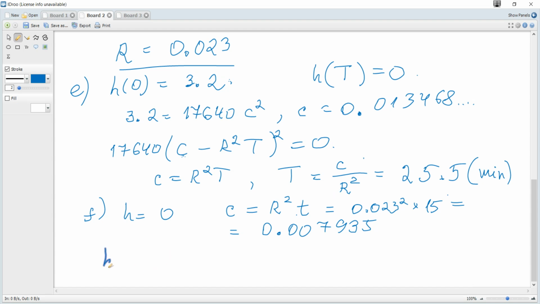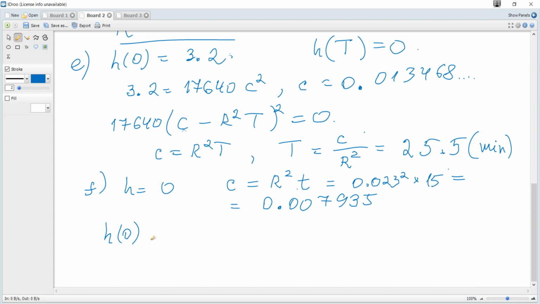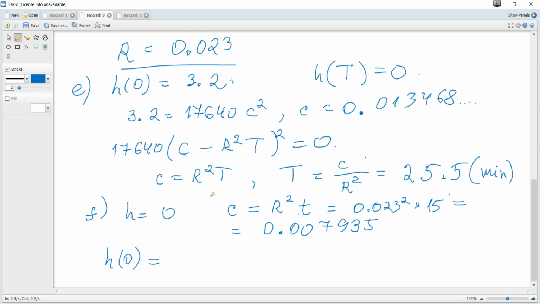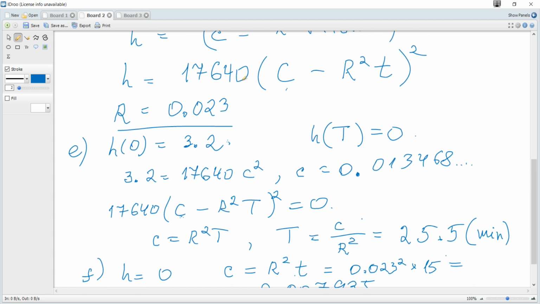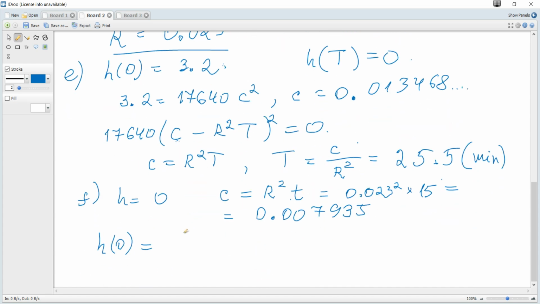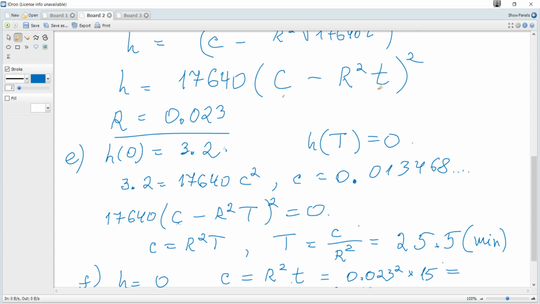And what is h of 0, the initial height which is required. H of 0, it's what? It's this value times c squared, just when t is 0.